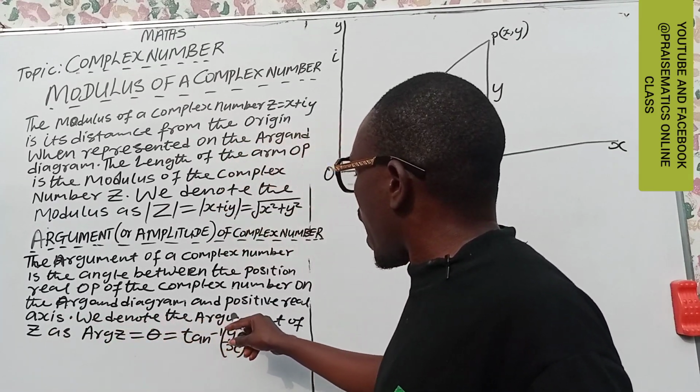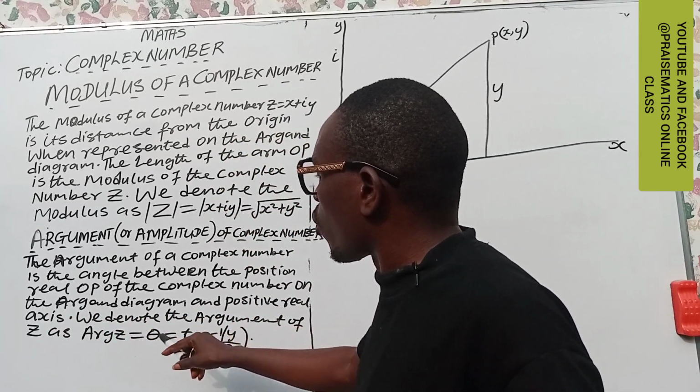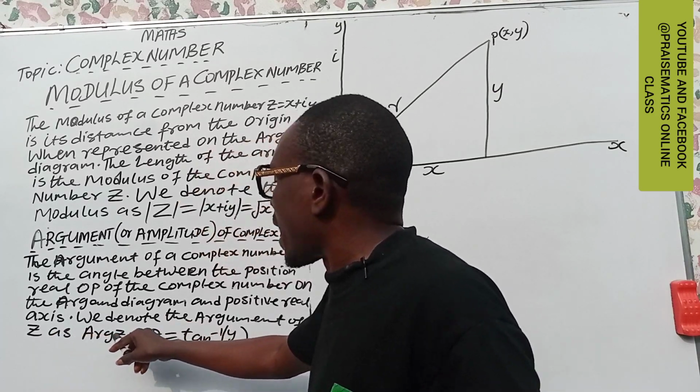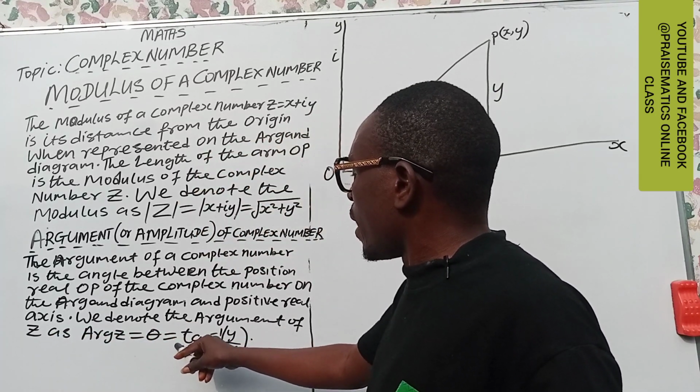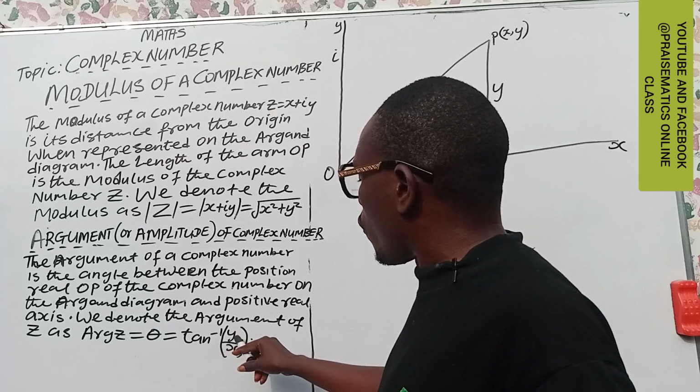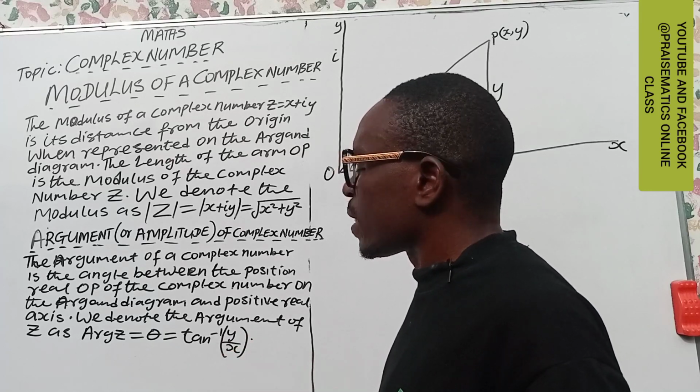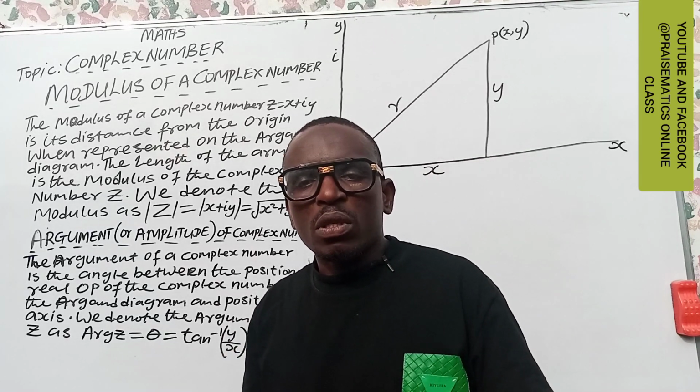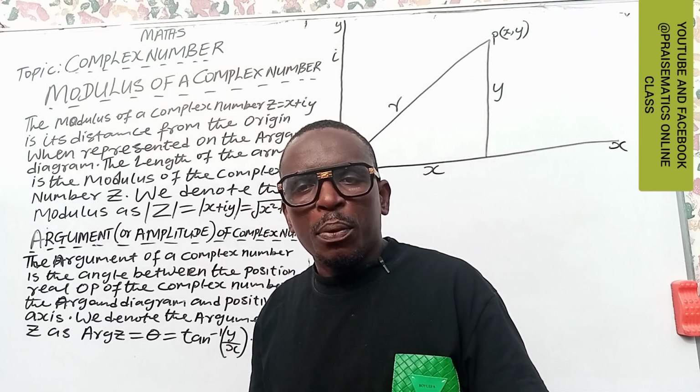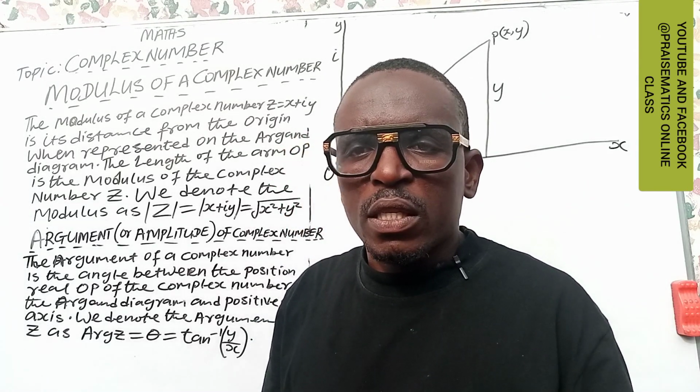We denote the argument of the complex number z as theta, equal to tan inverse of y over x. That is all about the amplitude of the complex number.